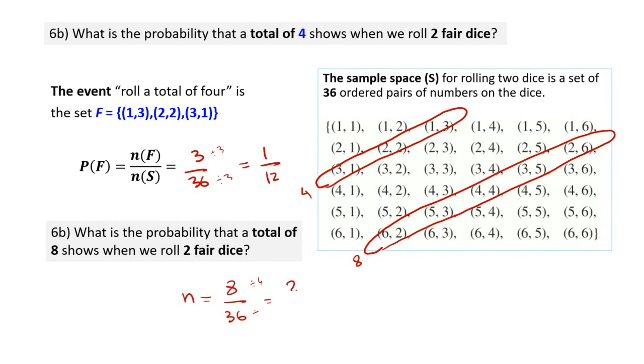Yes, it will be 2/9. Oh, wait a minute. Sorry. There are 5 outcomes. So 5/36.